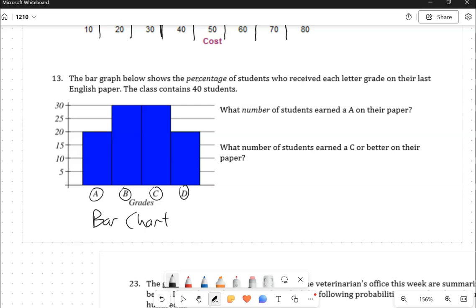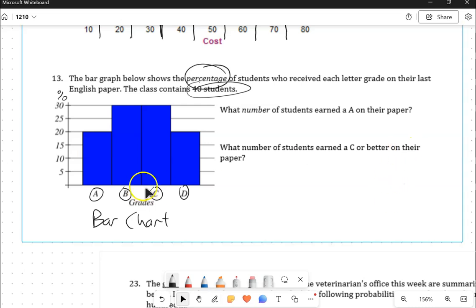This represents 40 students. And these are all percentages. I'm just reading the information to figure out what is going on here. So 20, 30, 30, and 20. That's 100% of the students are represented. All right, that makes sense.